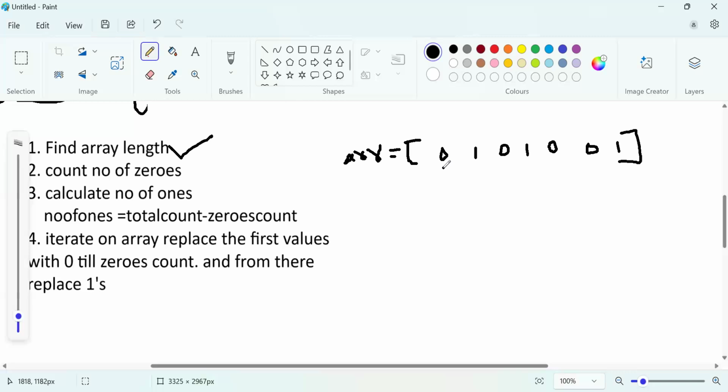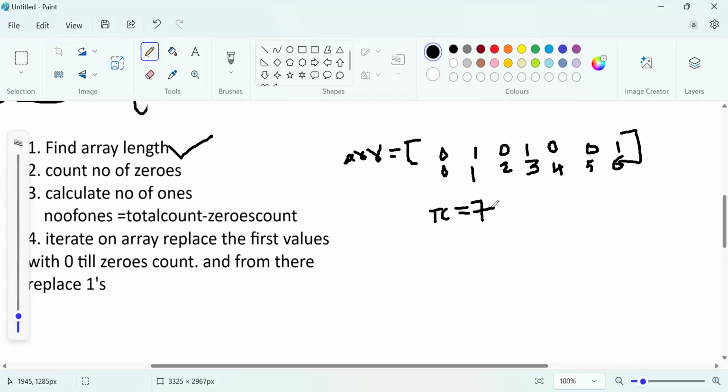This is the 0th index, first, second, third, fourth, fifth, and this is the sixth index. So total count is equal to 7.